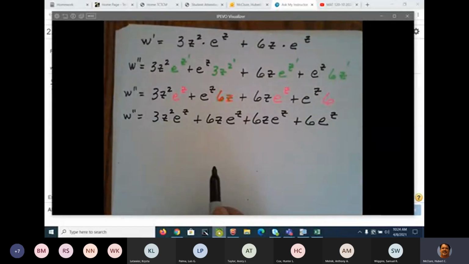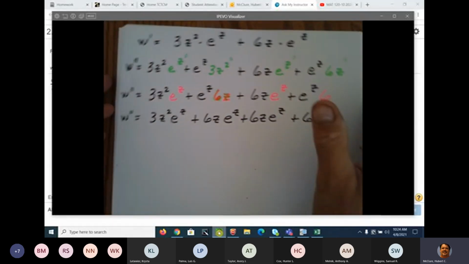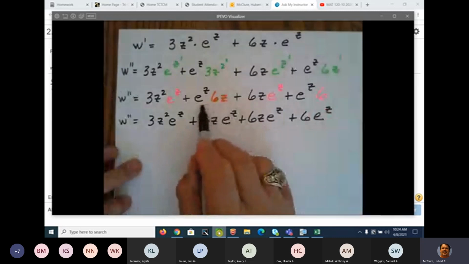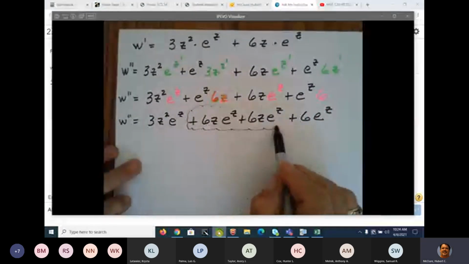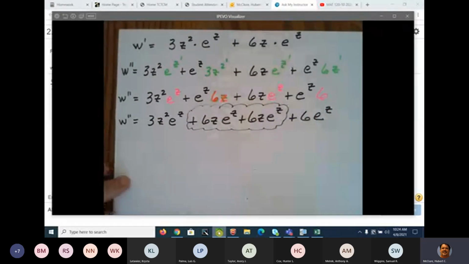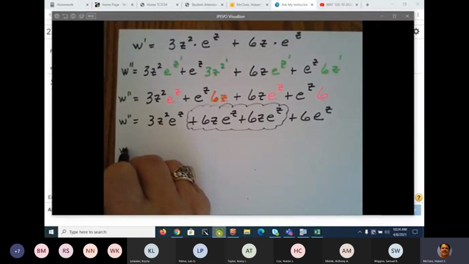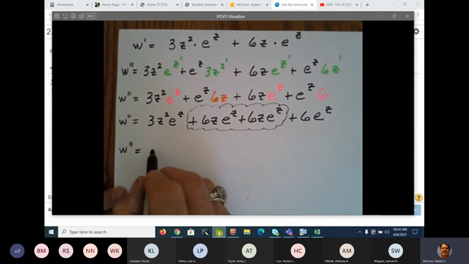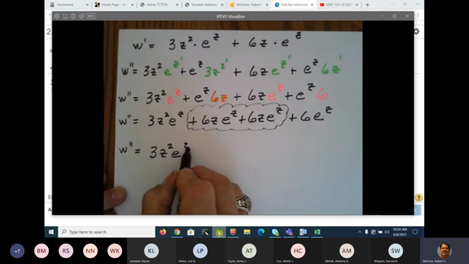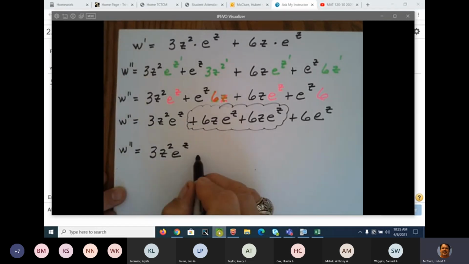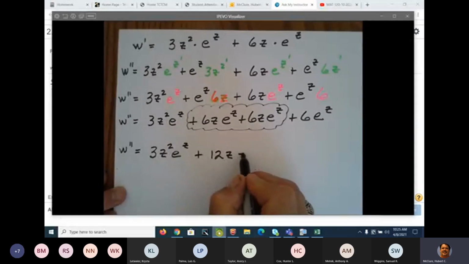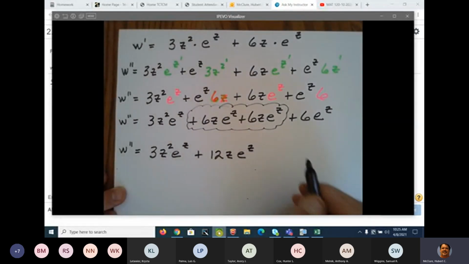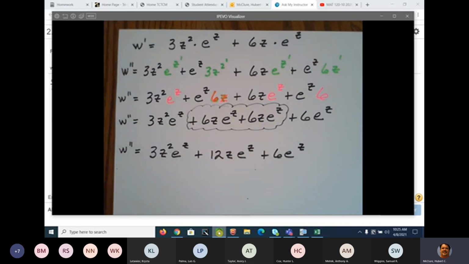And I think, if I'm not mistaken, y'all tell me if I'm wrong, I believe you can put these two together. And that will give me W double prime: 3z squared e to the z plus 12z e to the z plus 6e to the z.